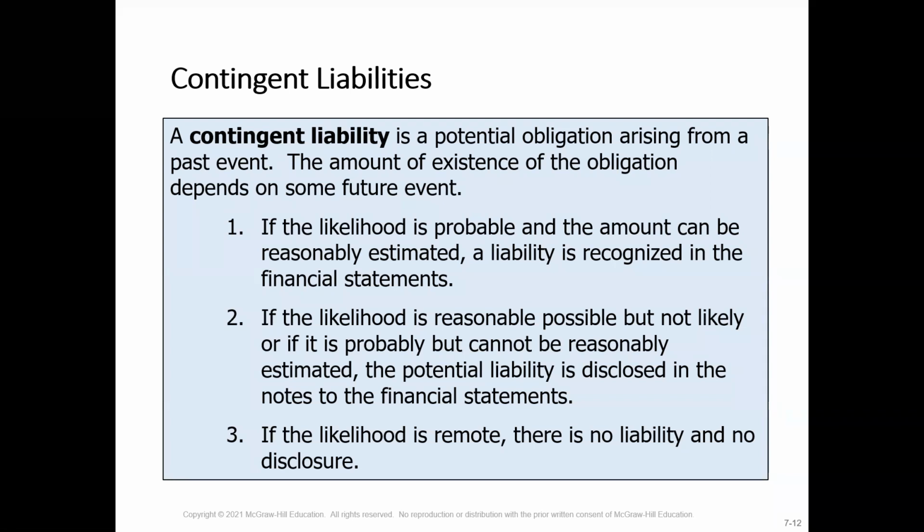Just get very general on the events and disclose it in the notes to the financial statements so that any party who's using those financial statements can make an informed decision about whether they're going to grant credit to the company or approve a loan, whatever the case might be. Maybe a potential investor wanting to invest in the company.